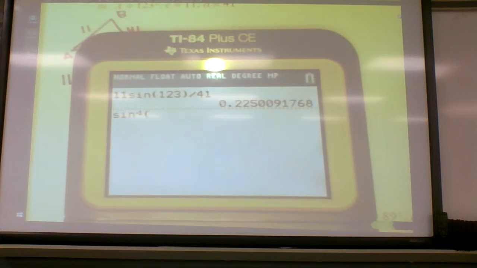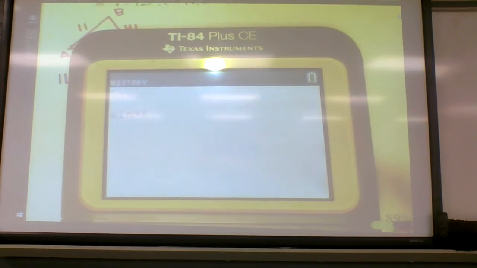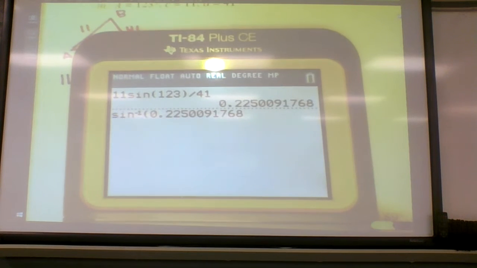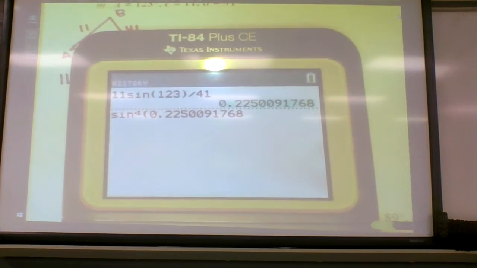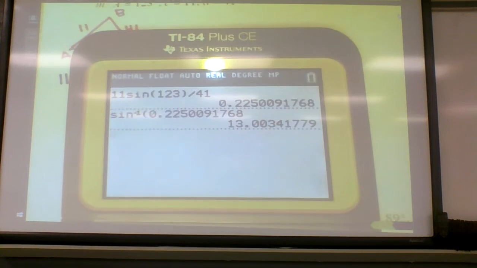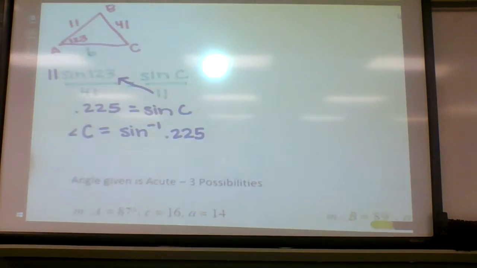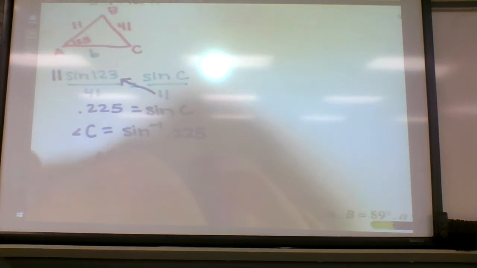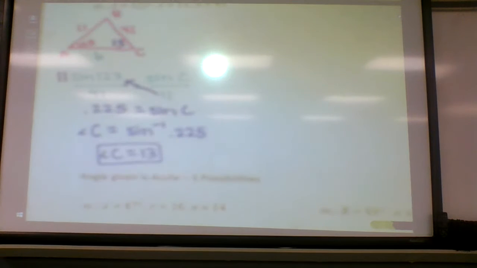So you can just hit up in your calculator and it'll go straight to that number and highlight it, and hit enter and it'll drop that number in. So you don't have to retype it, just hit up, enter, and it'll drop it in. And then hit enter there and it tells you that the angle is 13 degrees. So angle C equals 13 degrees. So we can throw that in our triangle. We know that one now.